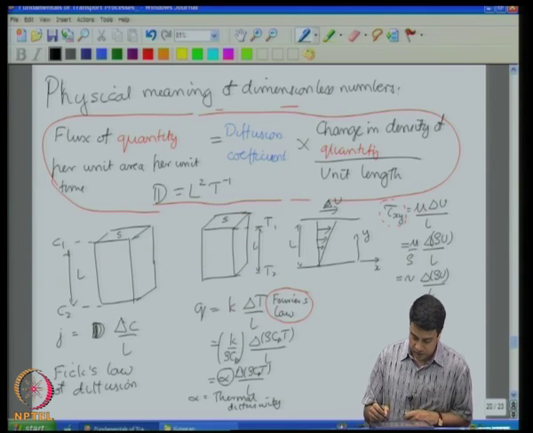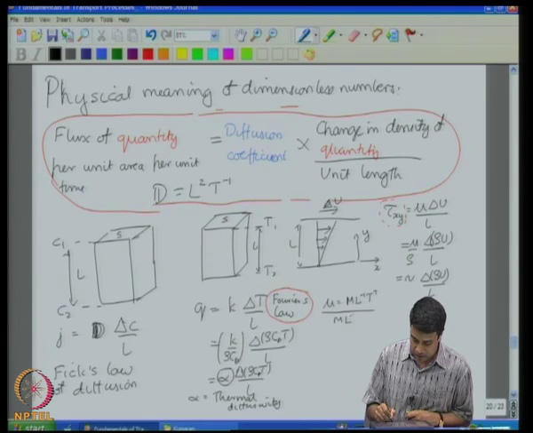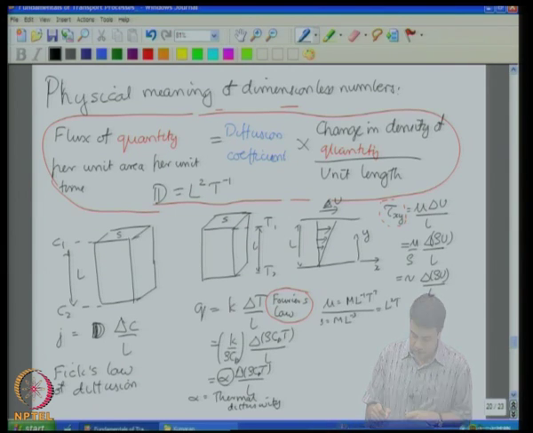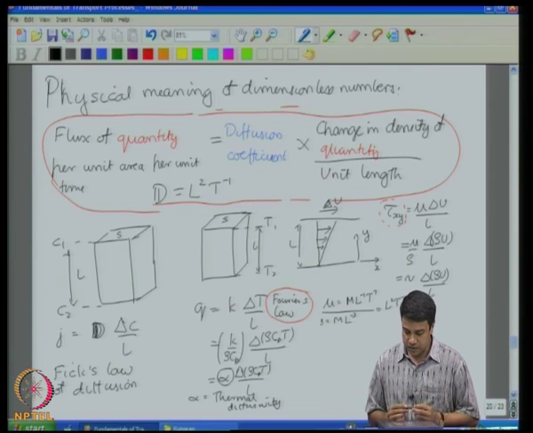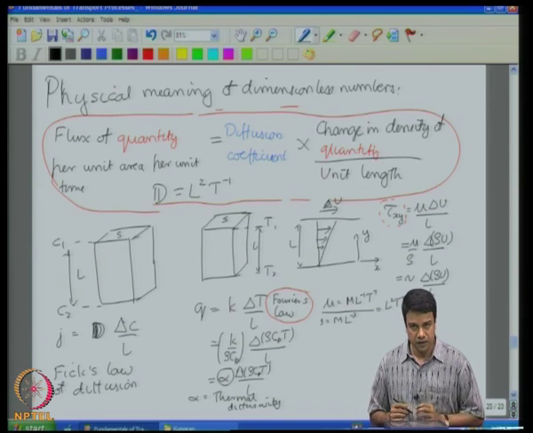For example, the viscosity is mass length inverse T inverse, the density is mass L power minus 3. So, if I take the ratio of these two, I will get L square T inverse, as the ratio of the viscosity and the density, and therefore, all diffusion coefficients will have dimensions of length square T inverse.